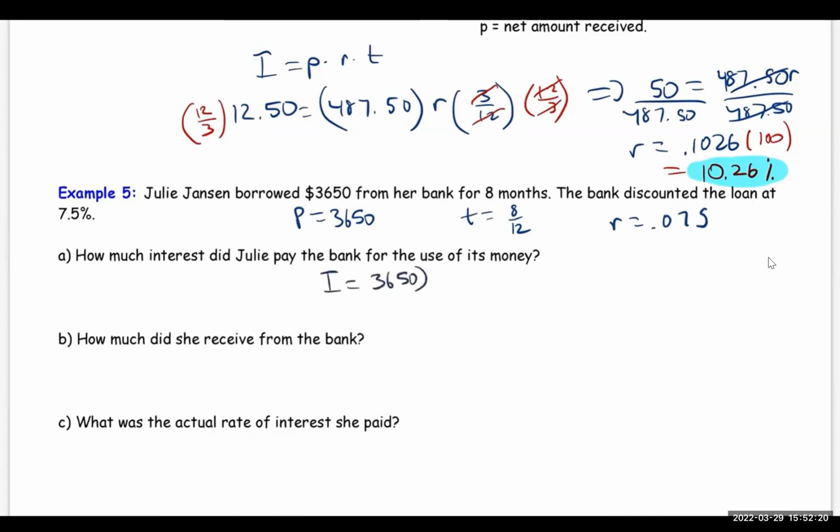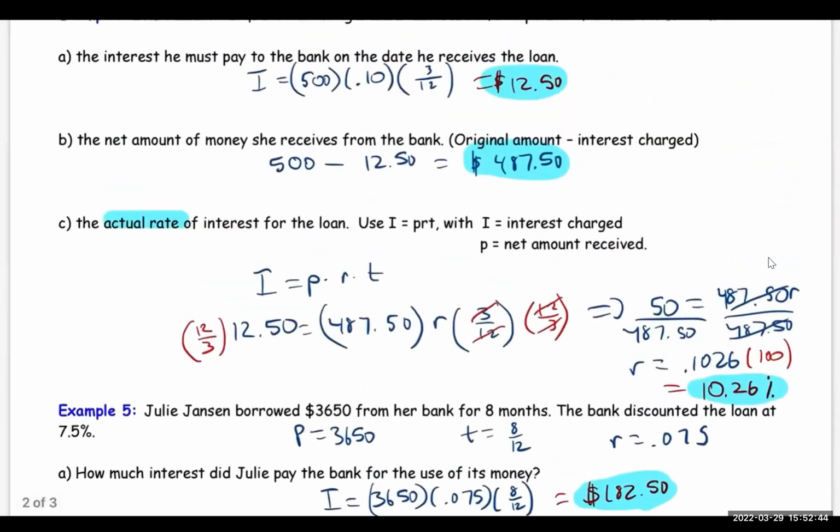So interest is equal to P R T. All right, calculator time gives us $182.50. How much did she receive from the bank?